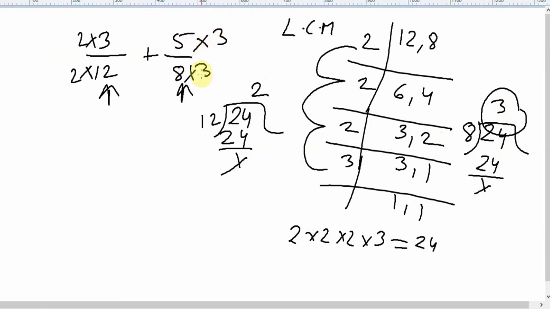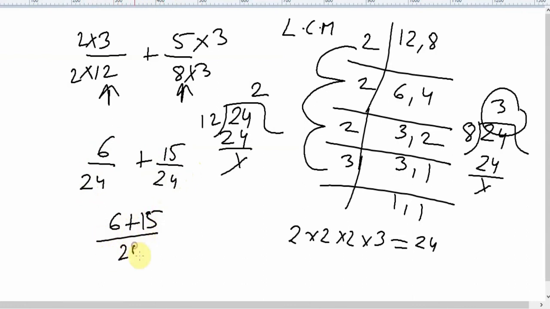Same with the numerator also. Now it is 6 upon 24 and 15 upon 24. So now they are like. So what will you do? 6 plus 15 upon 24, which is 21 upon 24. So in this way we add the fractions.